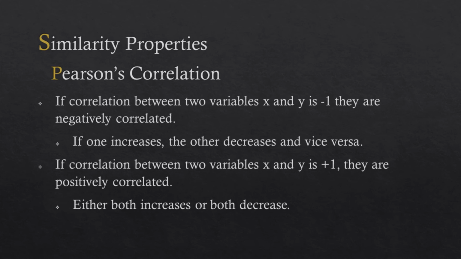If one increases, the other decreases, and vice versa. If the correlation between x and y is +1, they are positively correlated. Either both increase or both decrease. In this situation, we can say that whenever one part moves or increases, the other part is also affected, which is happening to x and y.